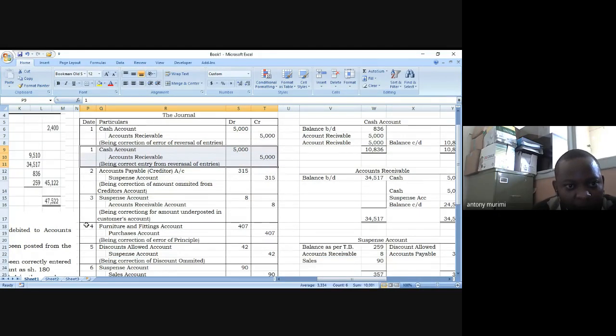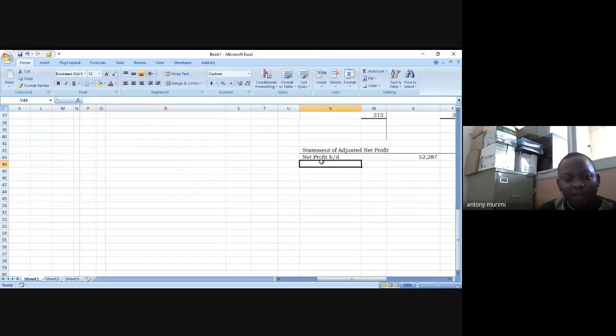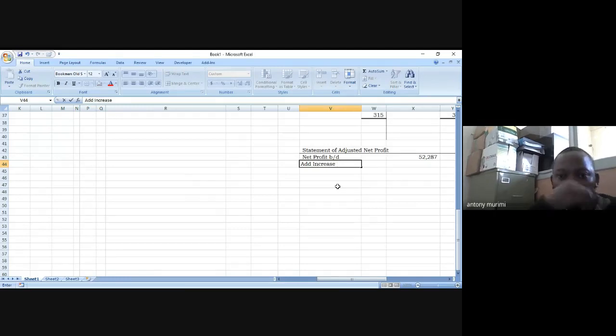As per the correction of error number 4, purchases is an expense which was affected, and in this case it decreased. So this should increase our net profit. So we add the decrease, I hope you are together.